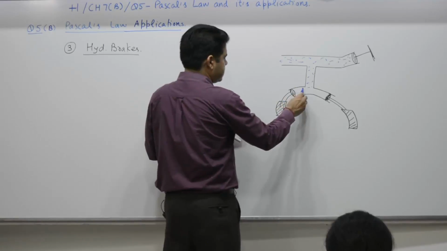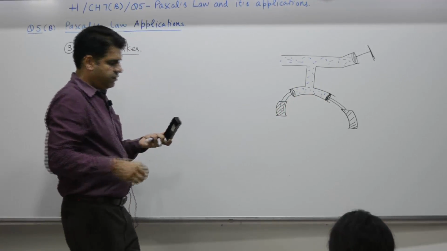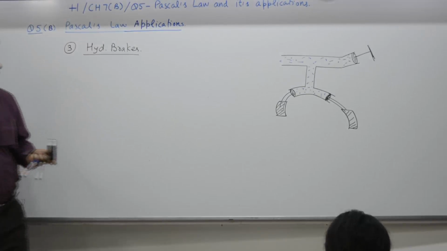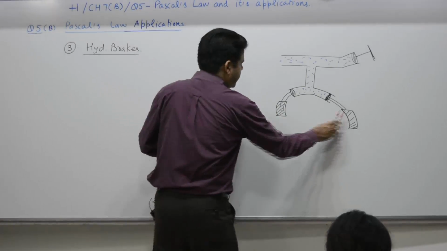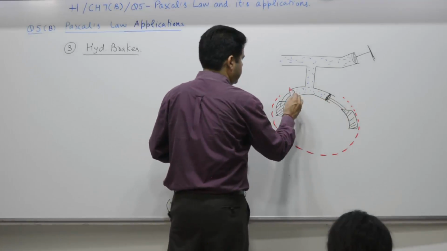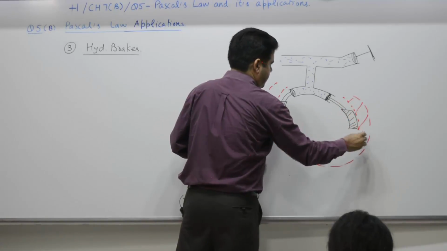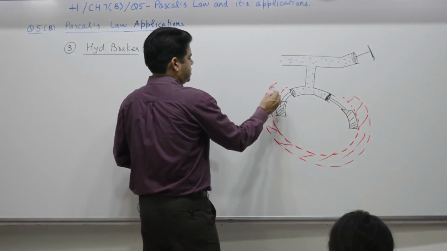So what you have is oil here. Where is the wheel? These are 2 brake leathers, brake shoes, and suppose this is the wheel. Red color is the wheel.